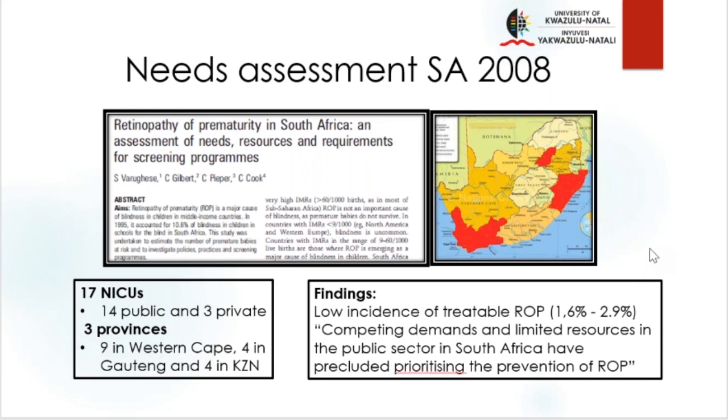In those 14 units, they found quite a low incidence of treatable ROP, only between 1.6 and 2.9% at the time. Because of that, they felt that the competing demands and limited resources in the public sector in South Africa were precluding prioritizing prevention of ROP.